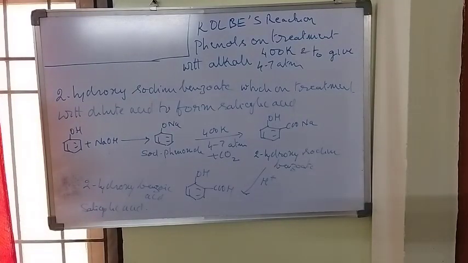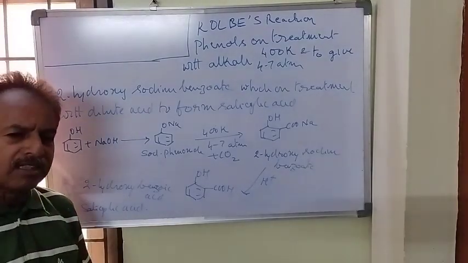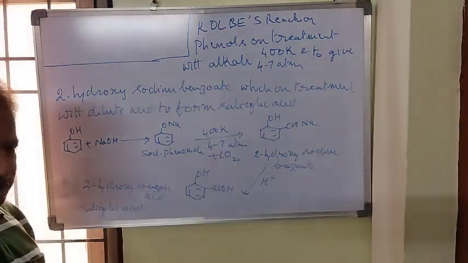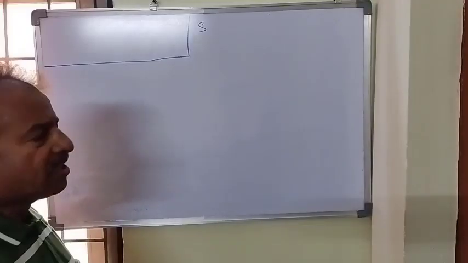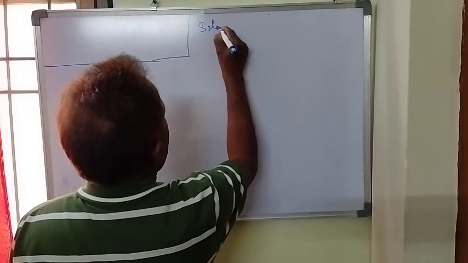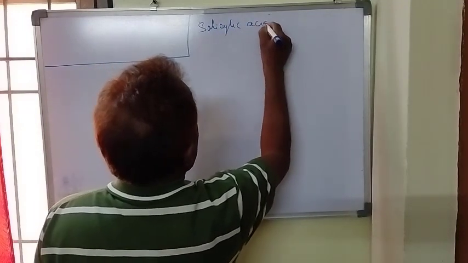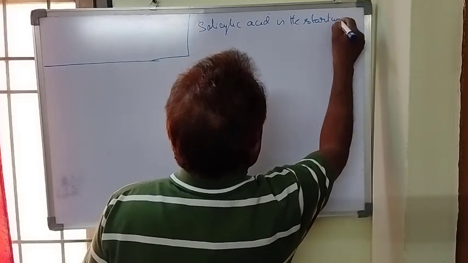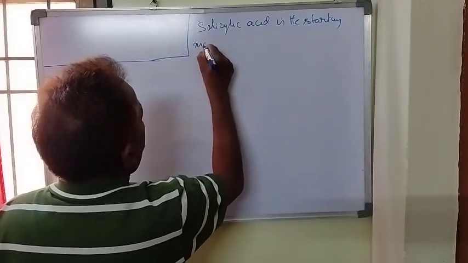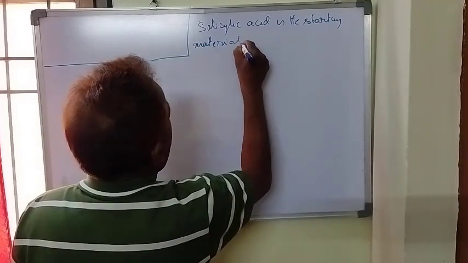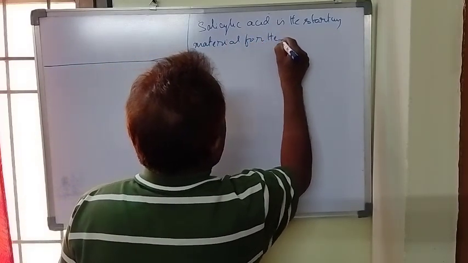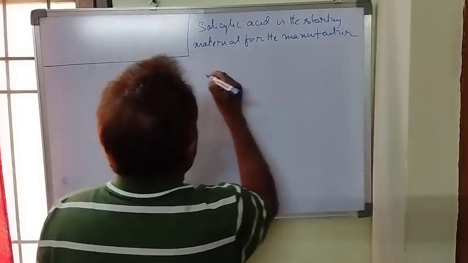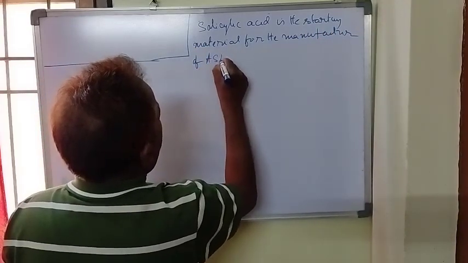Salicylic acid is the starting material for the preparation of substances like aspirin. Salicylic acid is the starting material for the manufacture of aspirin.